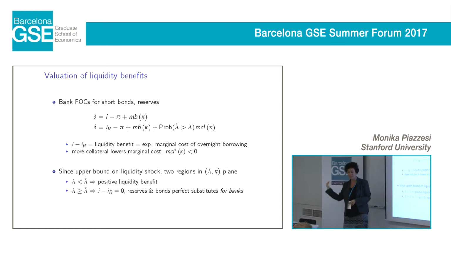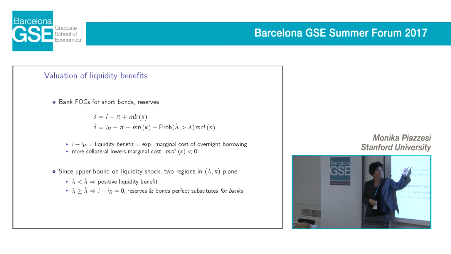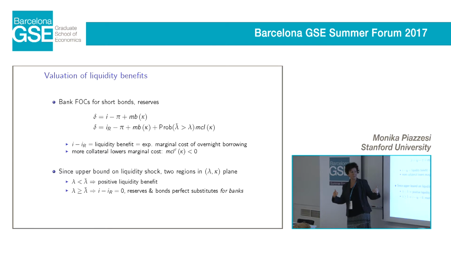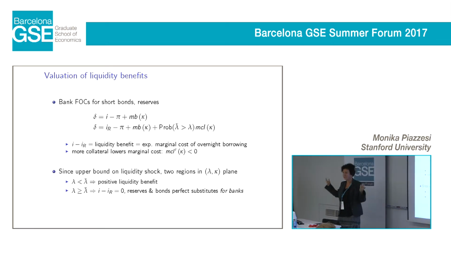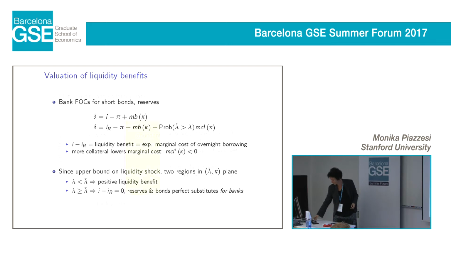If you have a liquidity ratio that goes beyond this upper bound, the difference between the interest rate on short bonds and the interest rate on reserves has to be zero. Bonds and reserves at that point are perfect substitutes because there's no more liquidity benefit of holding reserves. You already have enough reserves.